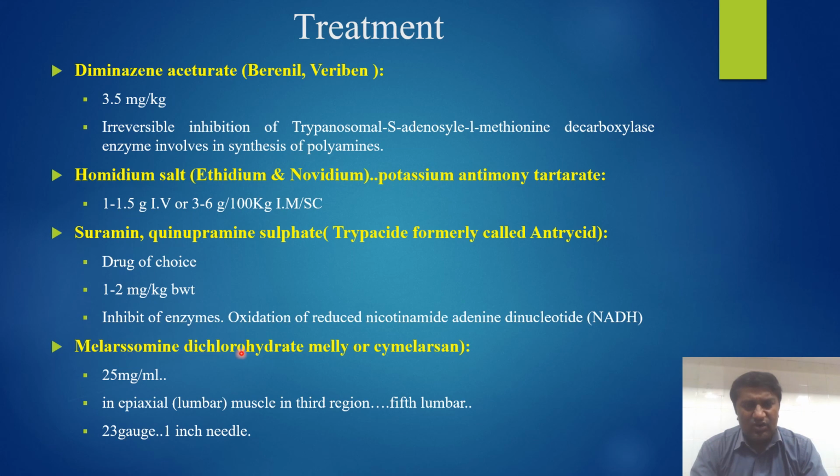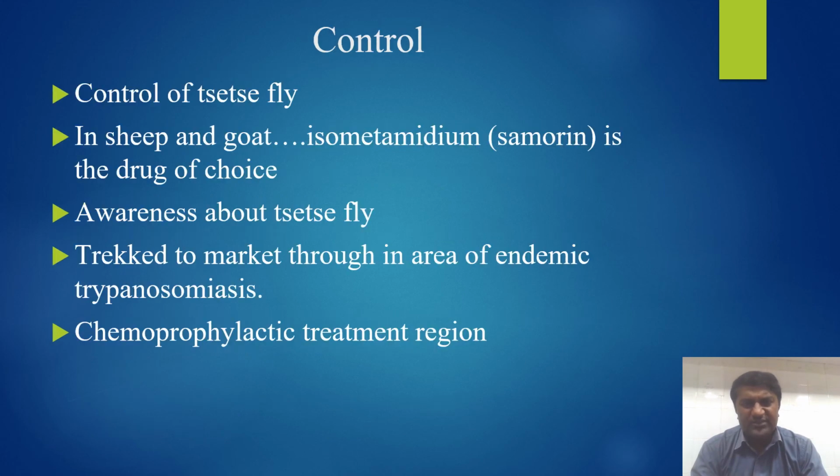Melarsomine dihydrochloride, Cymelarsan, or Cymelarsan. This is 20 milligram per ml. It is injected in the epaxial lumbar muscles in the third or fifth lumbar region. A 23 gauge, 1 inch long needle is needed for this purpose.